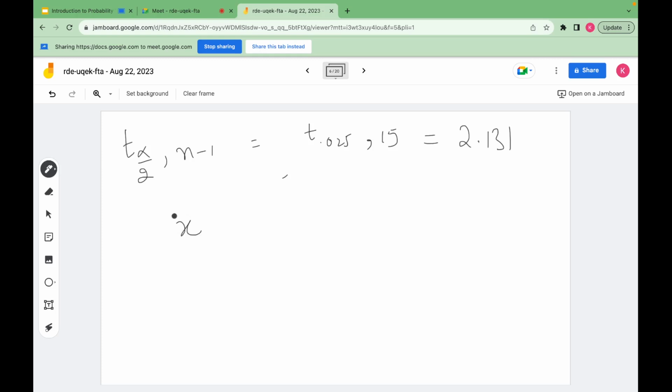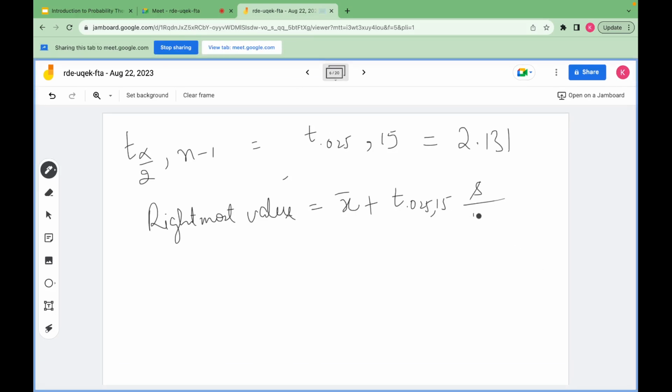So now the rightmost value is x bar plus t(0.025, 15) into s by root n. X bar is 16.7 plus 2.131 into root 7.5.